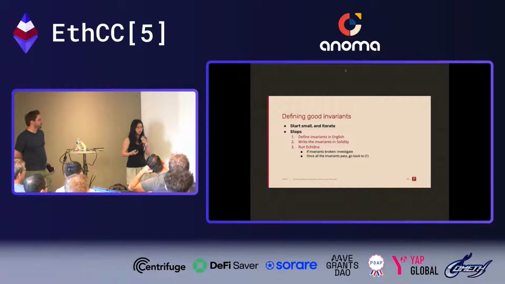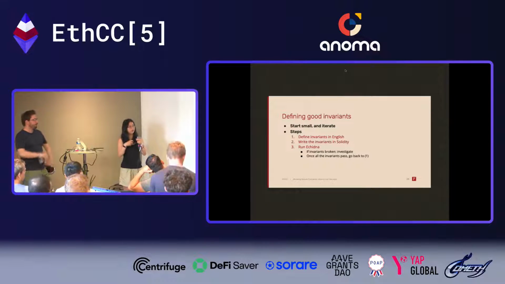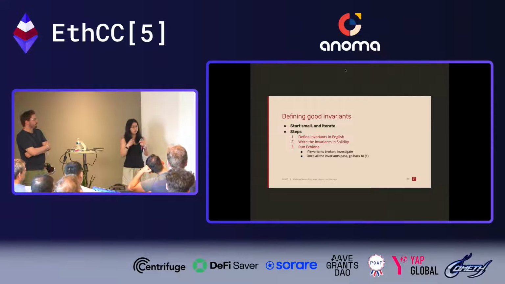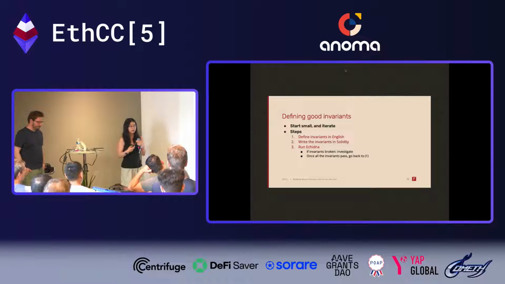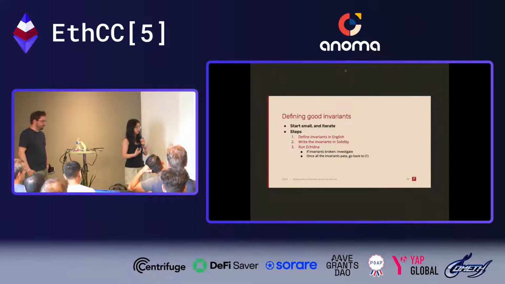To start with, in order to even find invariants, we need to start small and start iterating over possible invariants that we can build on top of. From a developer standpoint, and from our experience on audits as well, it's about defining, for a certain piece of code, what the code is expected to do.